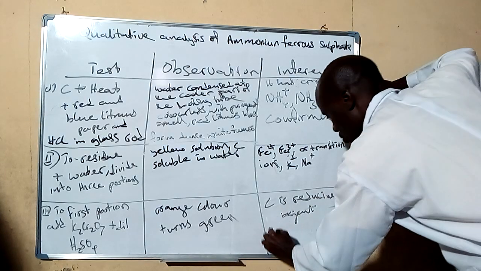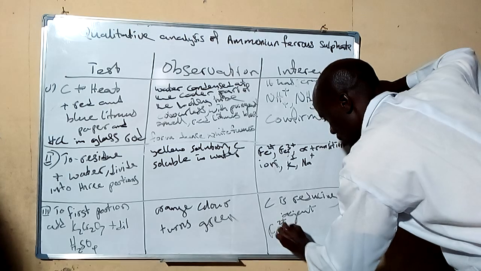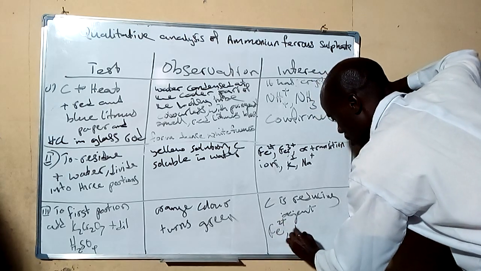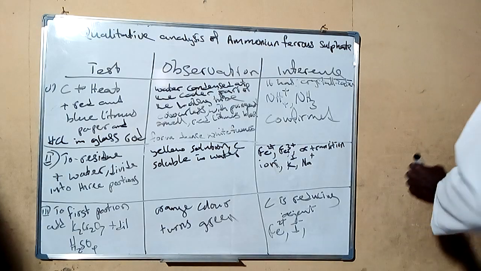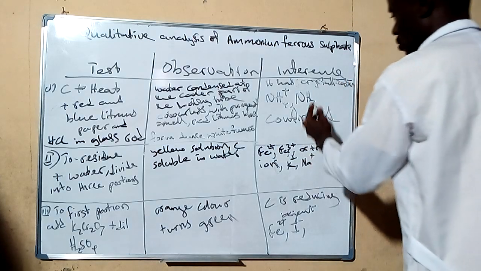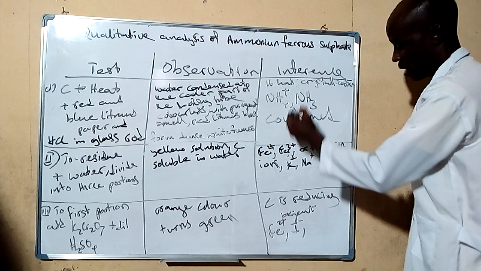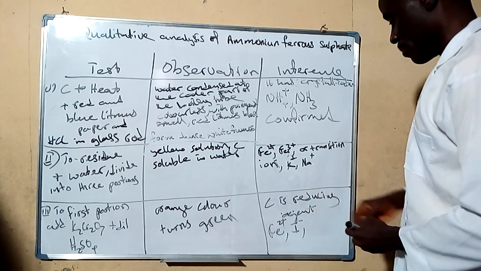That means we can also look at having iron or iodide ion. We have already confirmed ammonia as a result of ammonium being present.